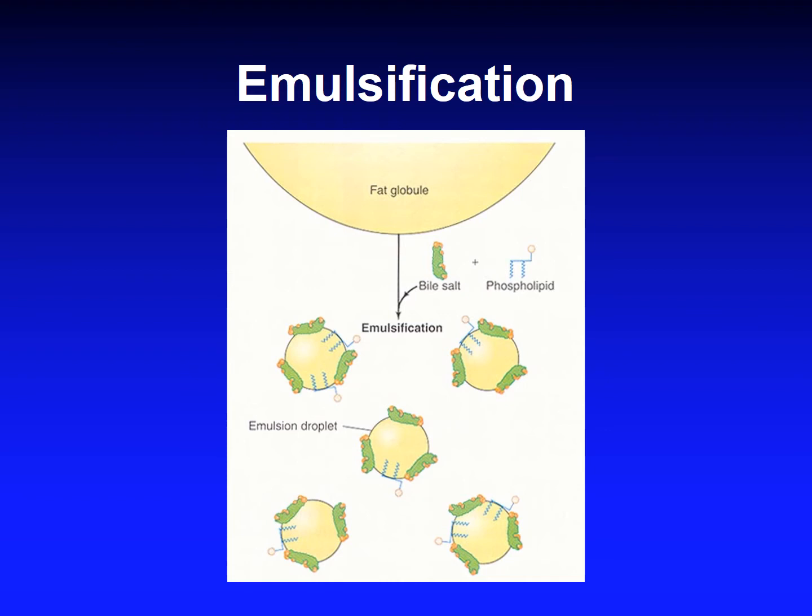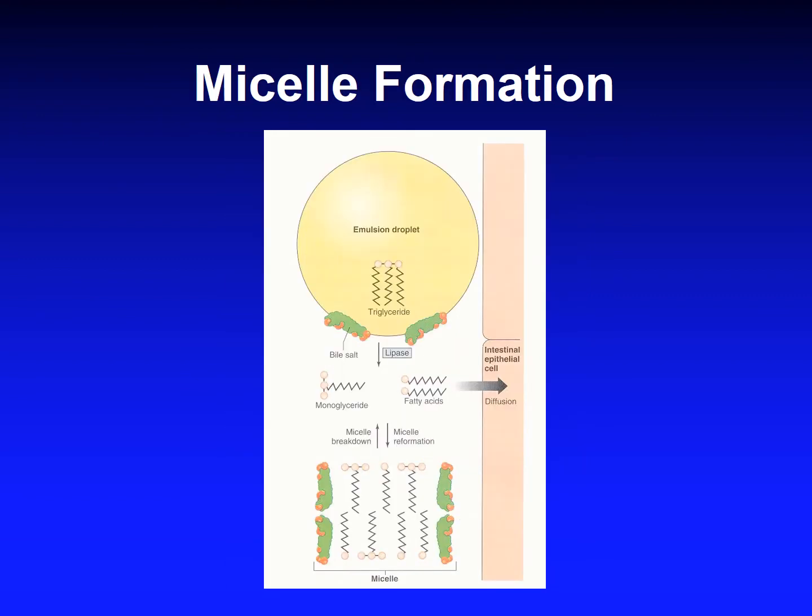This process is called emulsification. Again, that's why bile salt is important, and phospholipid, which we will also talk about in a second, will also be important. This is the process of micelle formation, which is important for absorption of fat.